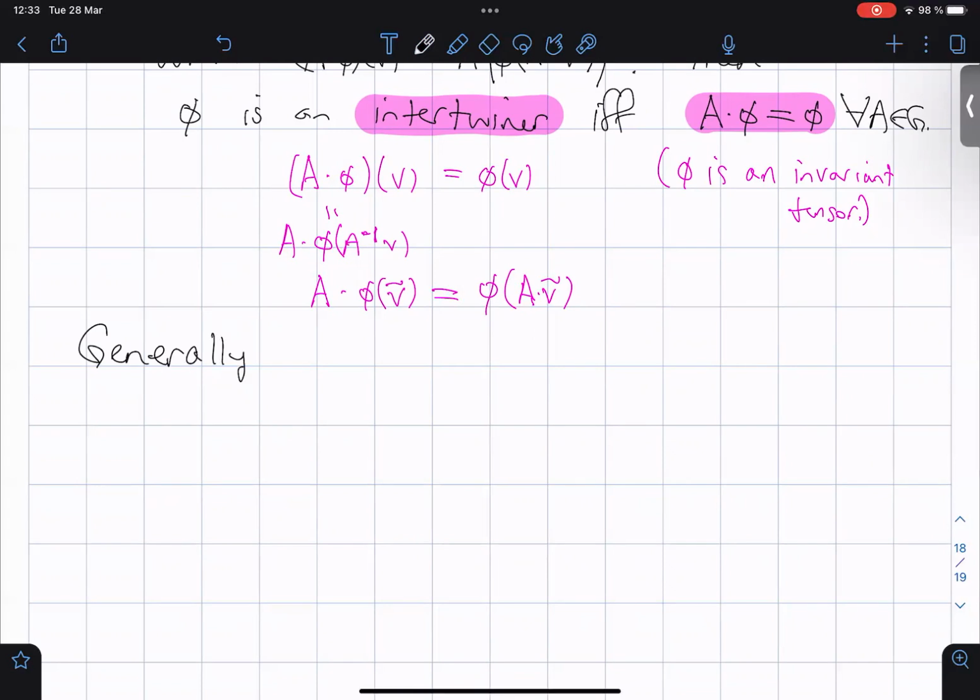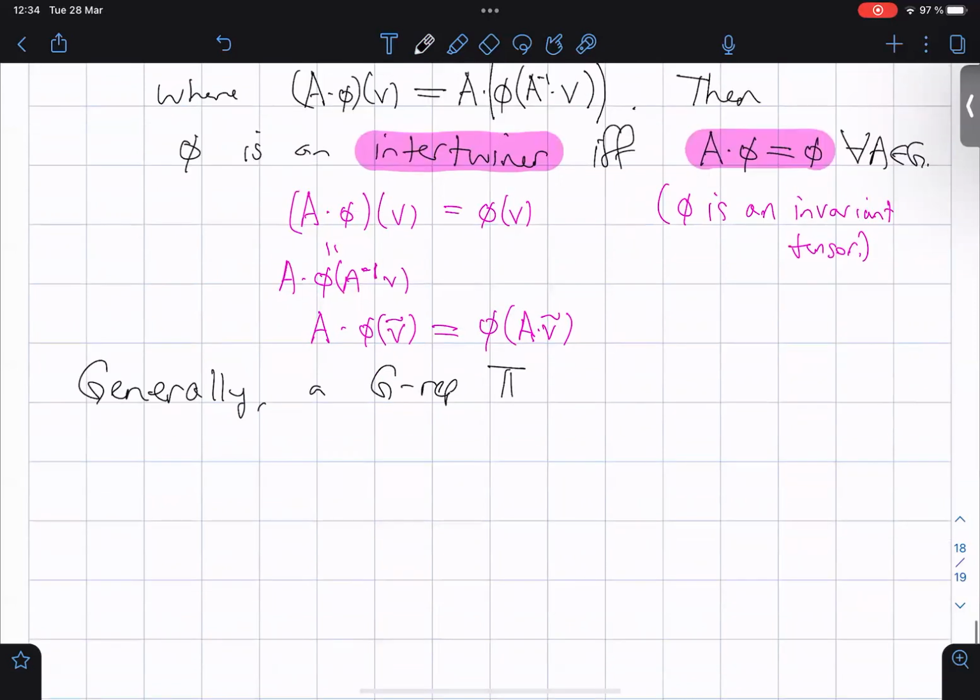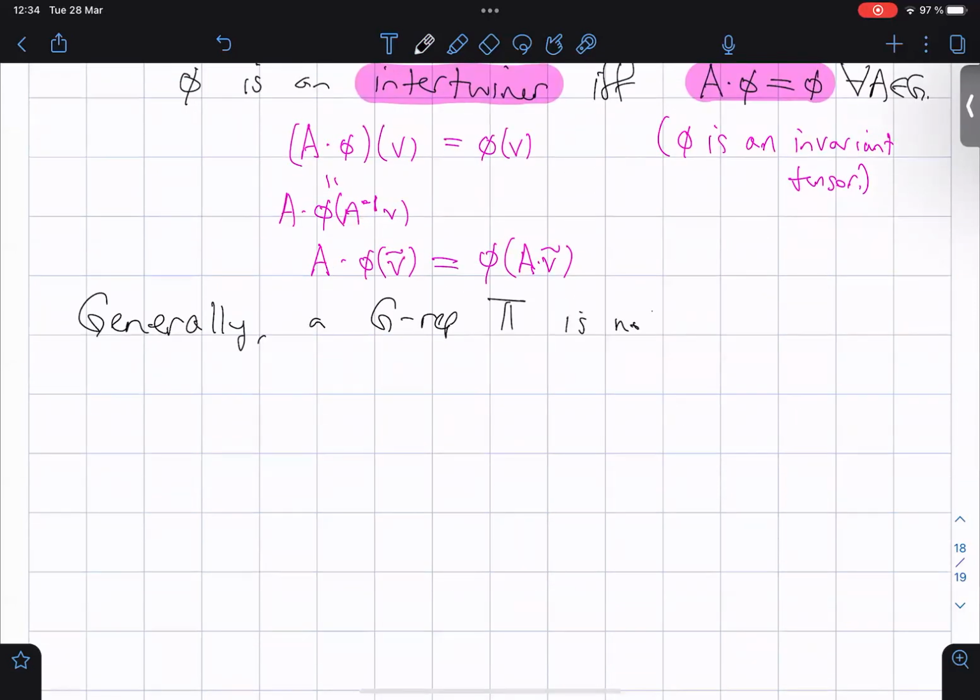It will also be true for other groups like the orthogonal groups or the symplectic groups, and we'll see why later. But it's not going to be true for SL3 and the higher SLs. So generally a representation pi is not equivalent to pi star. But for SL2C, we have the following.